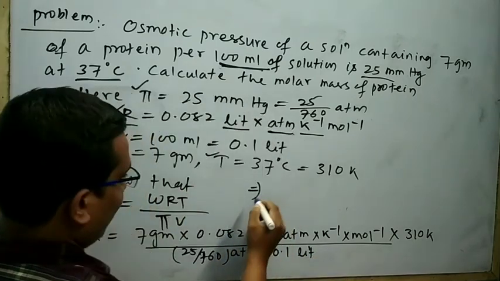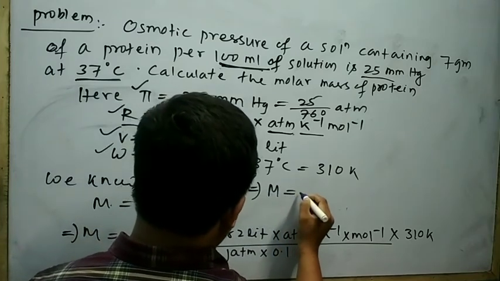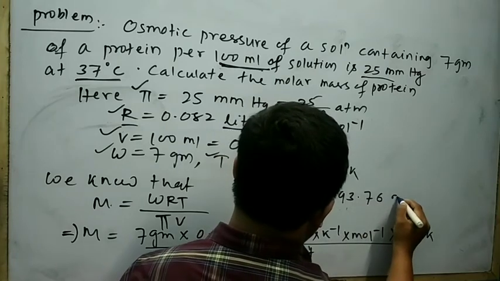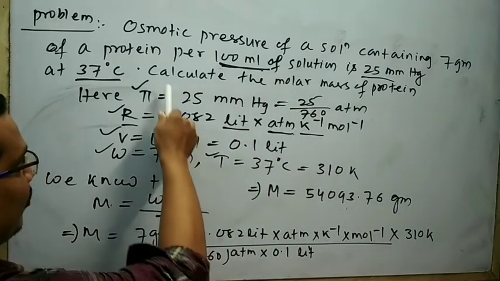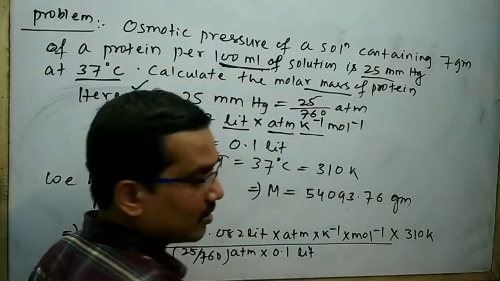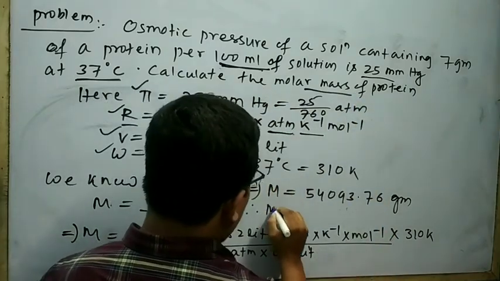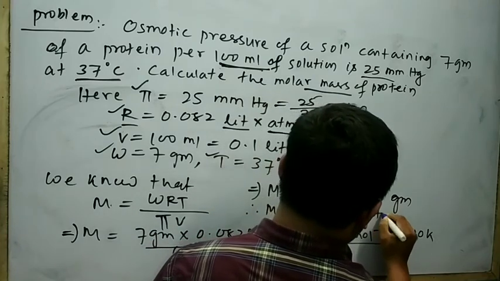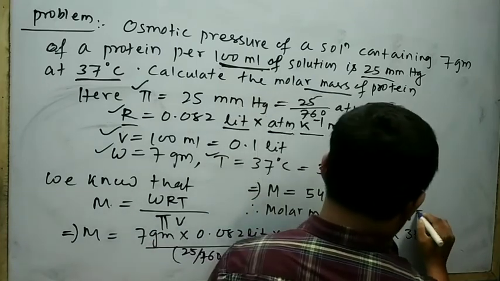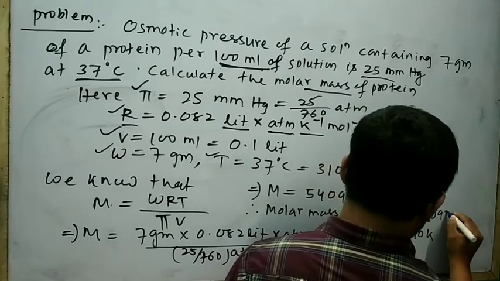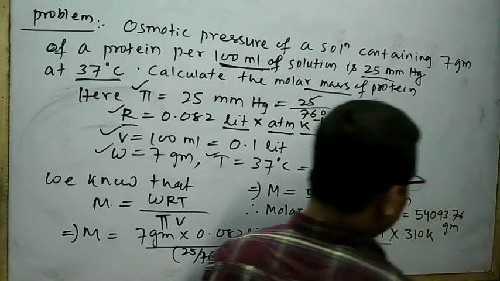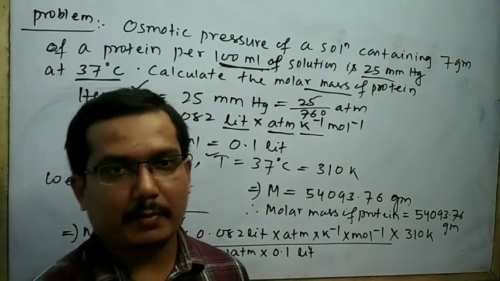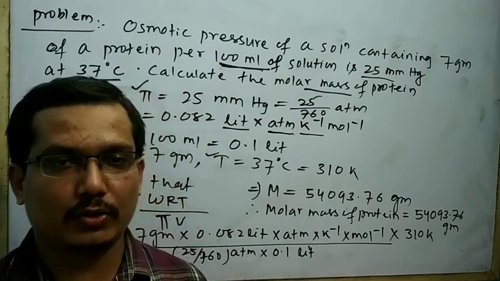By solving, I can write molecular mass M equal to 54093.76 gram. Our aim was to find the molar mass of the protein. So molar mass of protein equal to 54093.76 gram. This is the problem related to osmotic pressure. Finally, this is all about your solution chapter.